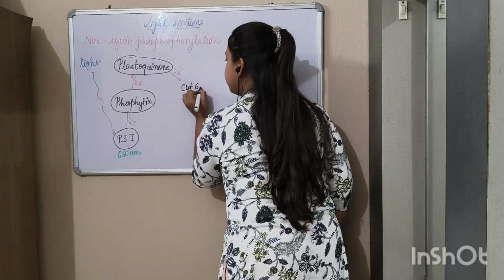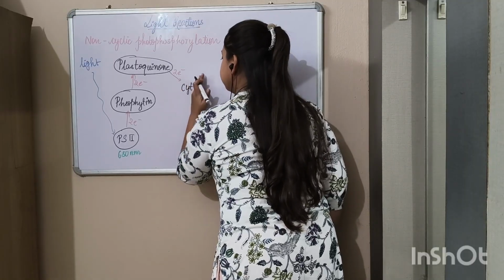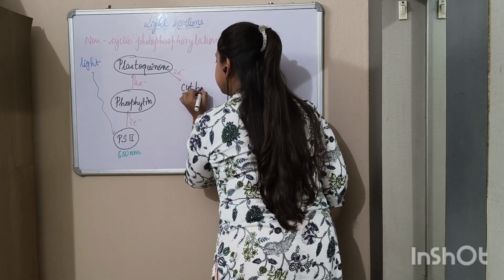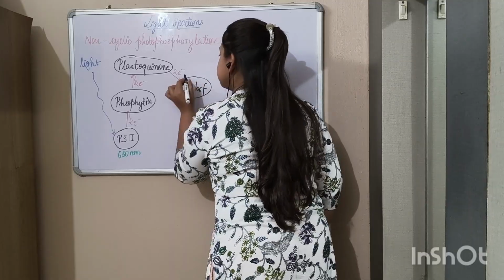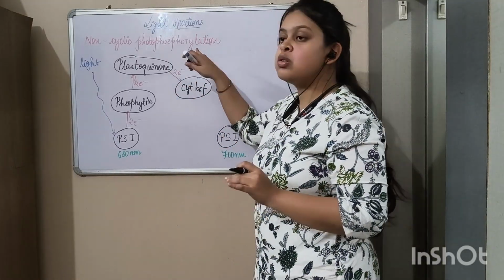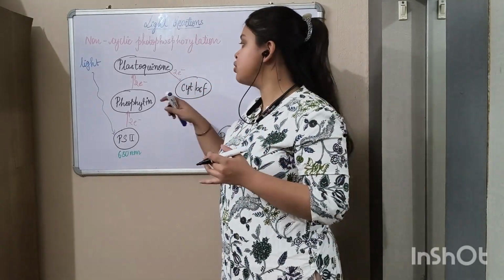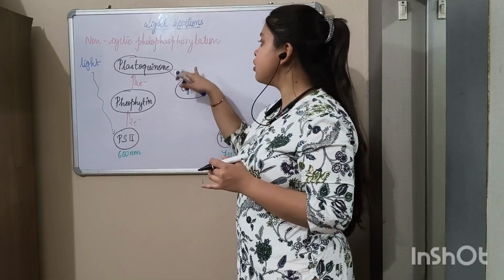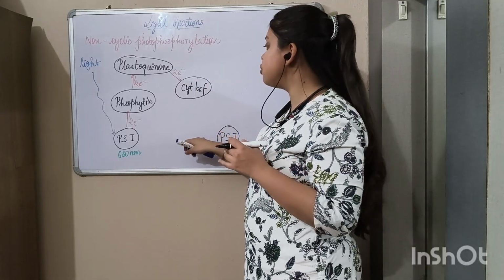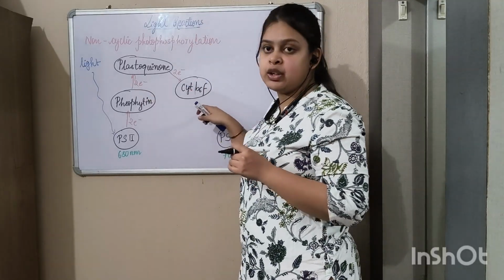The cytochrome b6f complex is an electron carrier and it is also a proton transporter. It transports protons from the stroma side towards the lumen side while carrying the electrons.